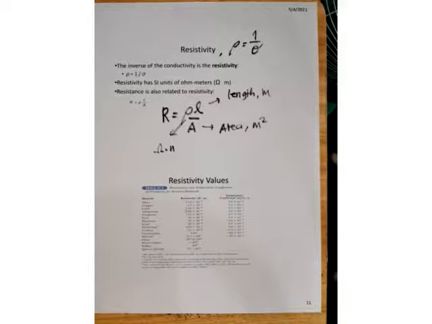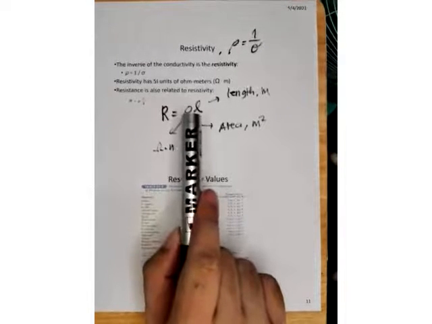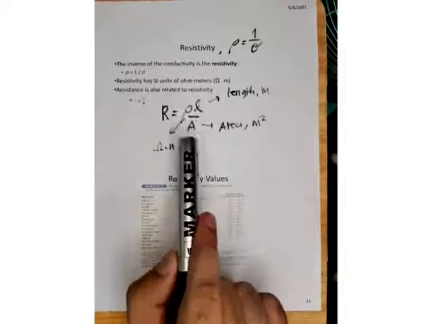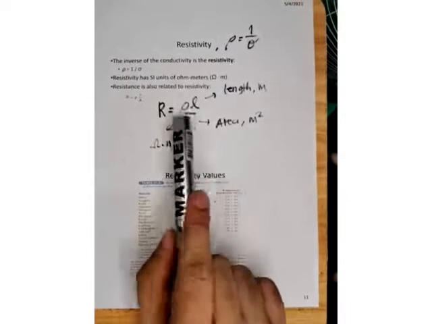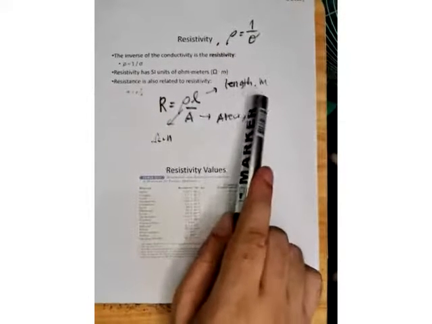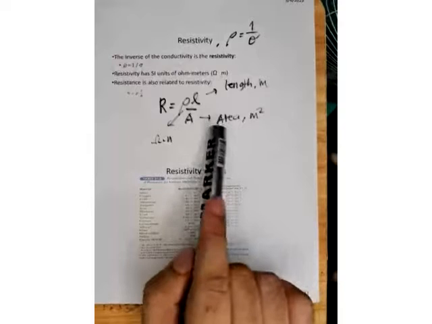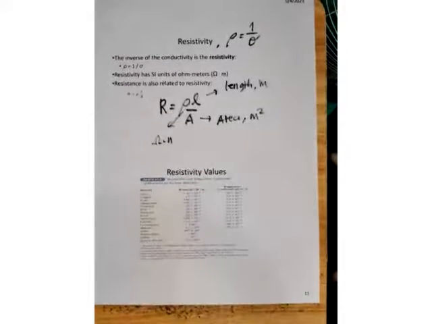So, ang resistance natin ay equal sa rho L over A. Yung rho is the resistivity, L is the length of the conductor in meters, and A is the cross-sectional area of the conductor in meters squared. Okay, meron tayong iba't ibang klase ng value ng resistivity. Kaya papakita ko na lang, i-review ko na lang.